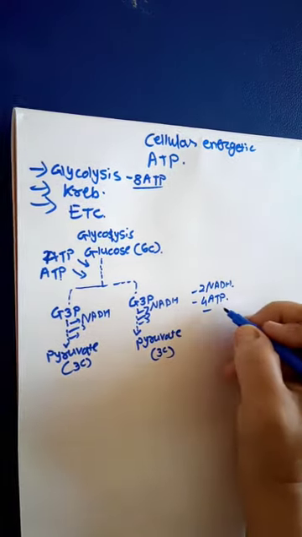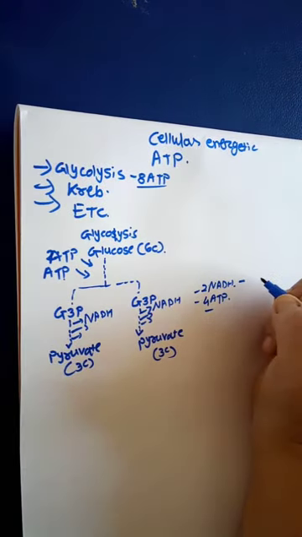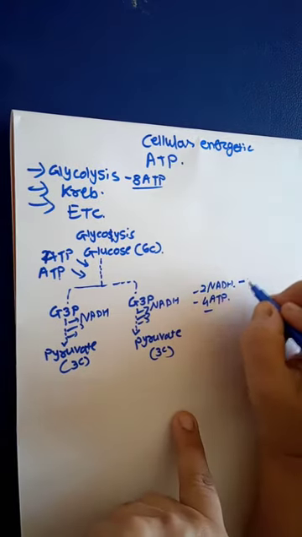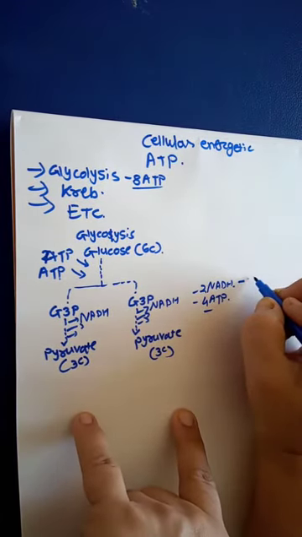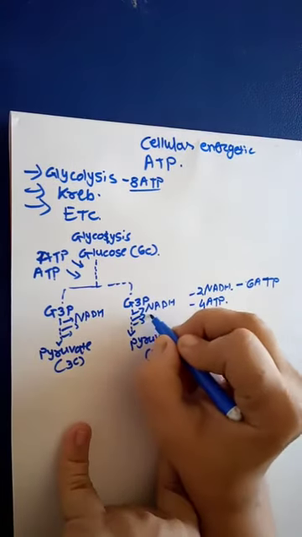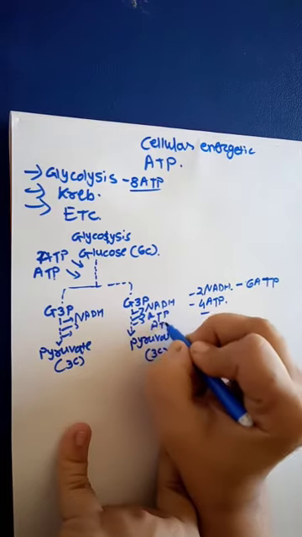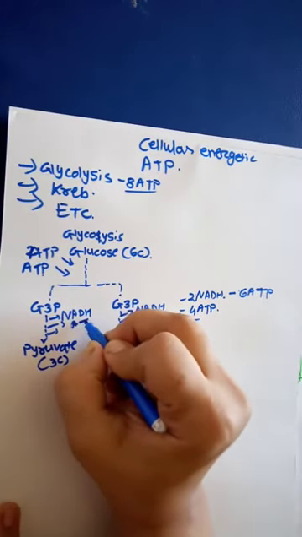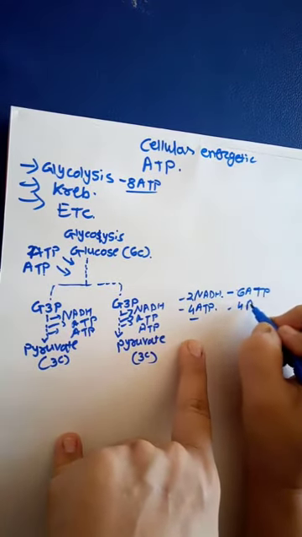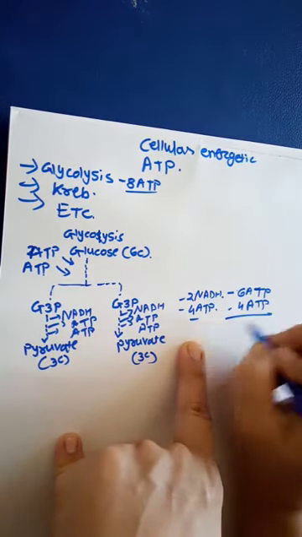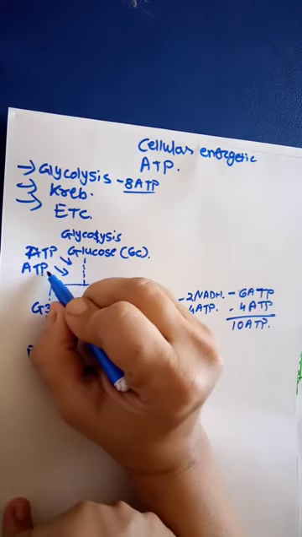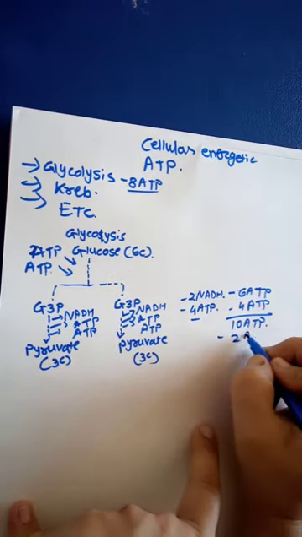So 1 NADH will go into the electron transport chain and gives 3 ATP. So 2 NADH will produce 6 ATP, plus 4 ATP we are getting directly here. So 6 plus 4 is 10 ATP molecules, and 2 ATP molecules we are investing here, so minus 2.